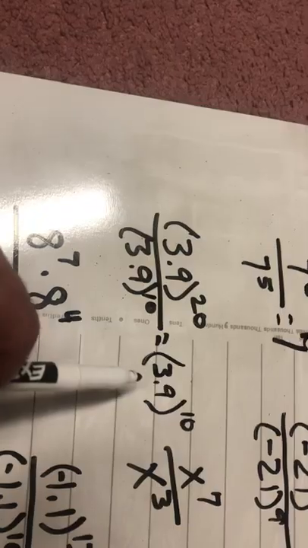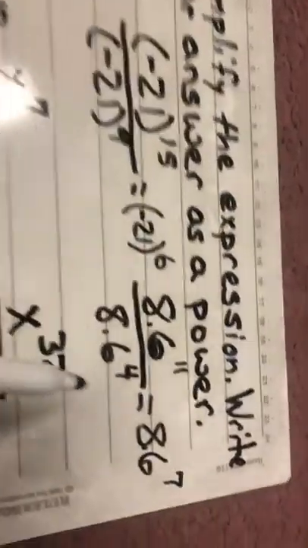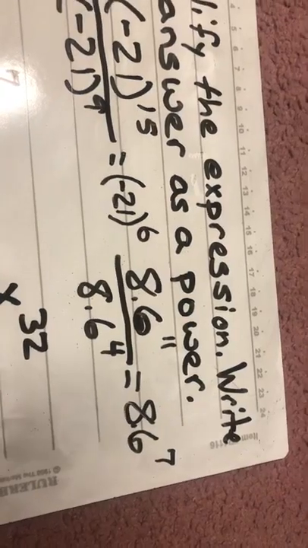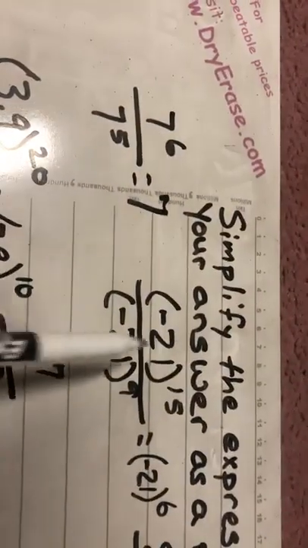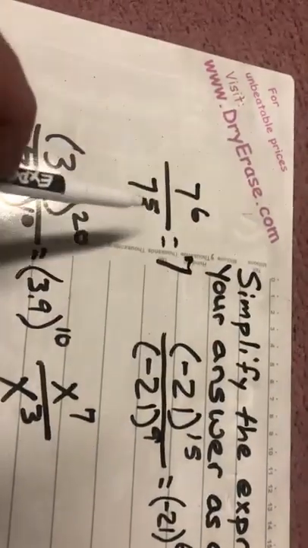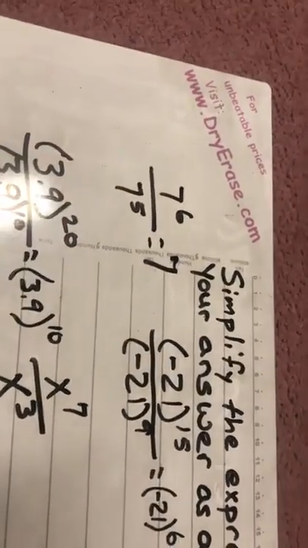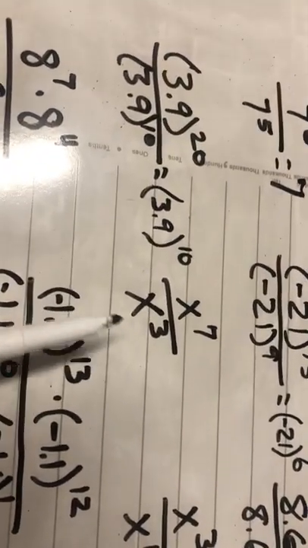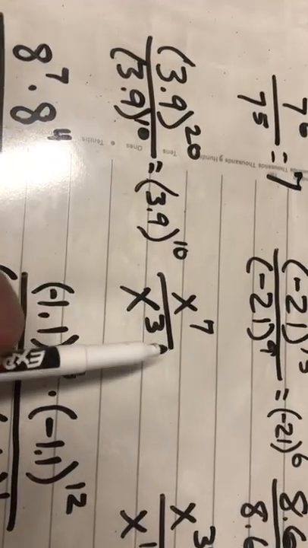So I put parentheses in my answer. Here, they did not have parentheses. So I did not put parentheses in my final answer. Parentheses here, parentheses in my answer. No parentheses, no parentheses. Be consistent with whatever the problem is doing regarding parentheses or no parentheses.